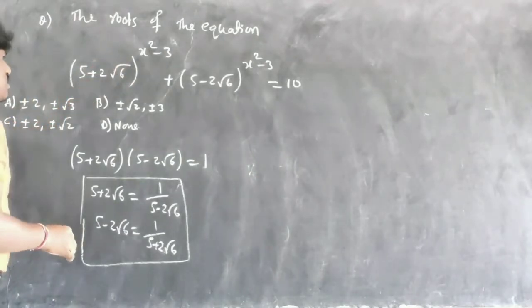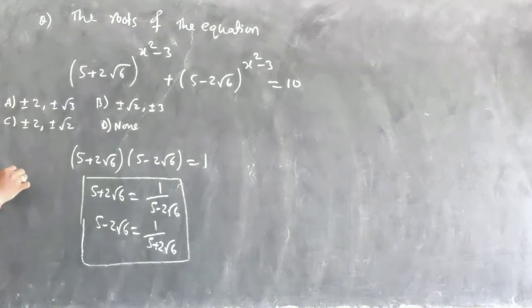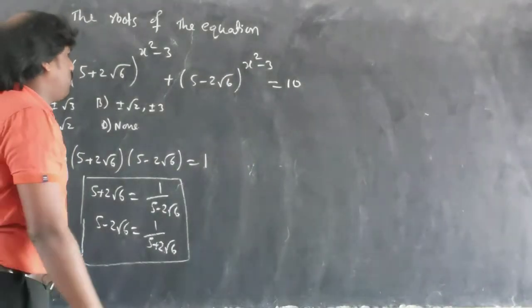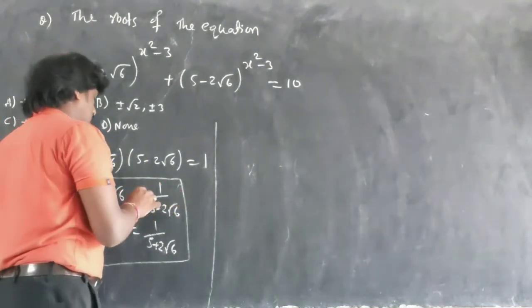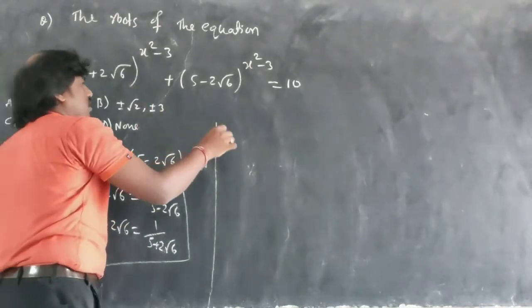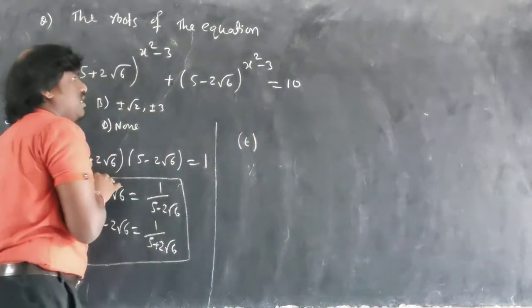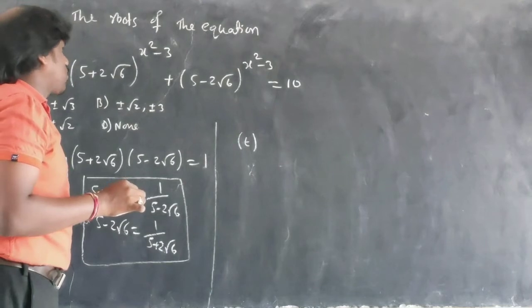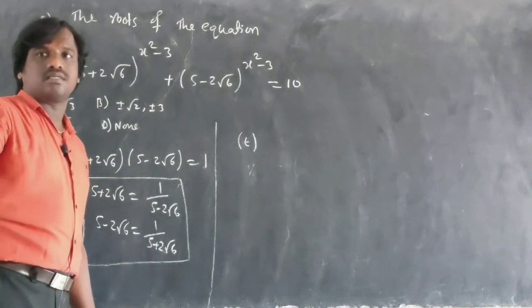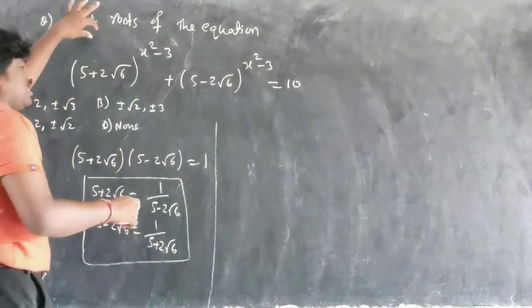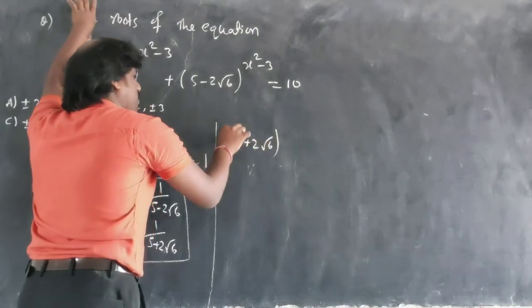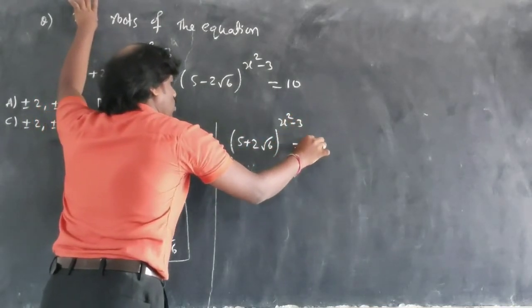Now see the question. Instead of this, let us take this whole thing, 5 plus 2 root 6 to the power of x square minus 3, as t.